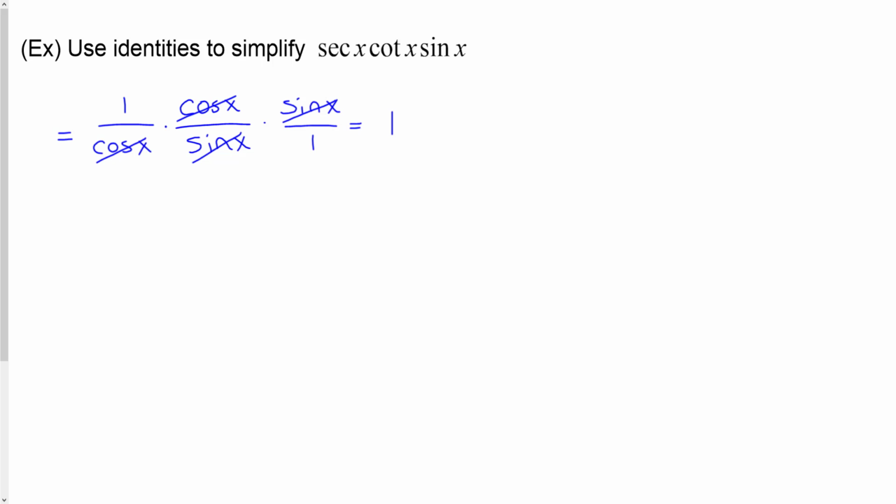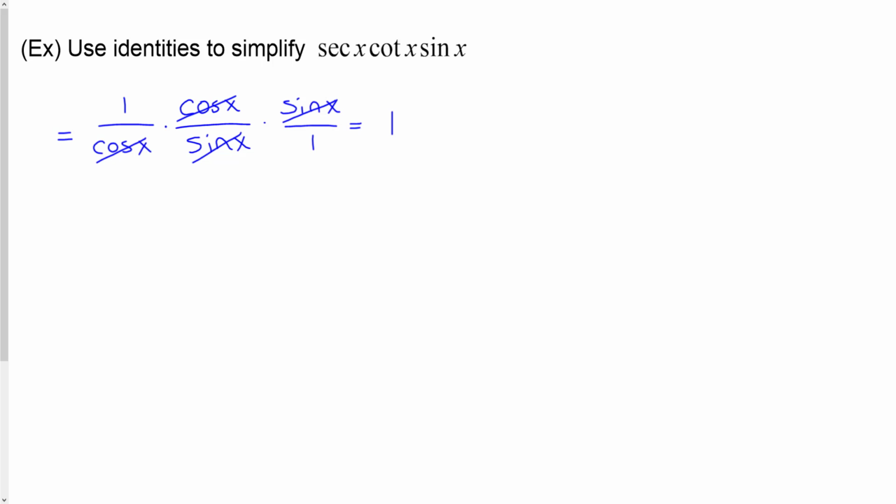And a lot of times they'll give you these as multiple choice questions, where you're simply going to answer with the correct choice, based off of how you've simplified. So you'll have some clues there.